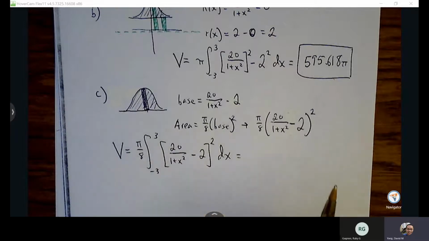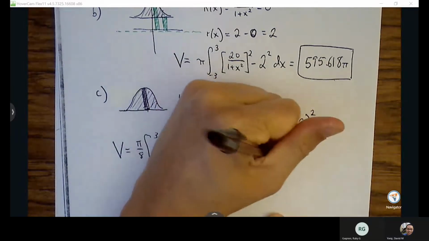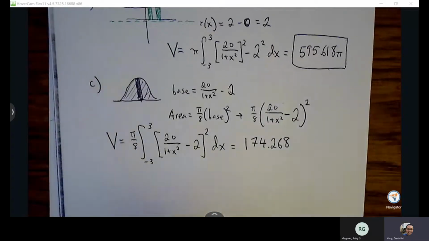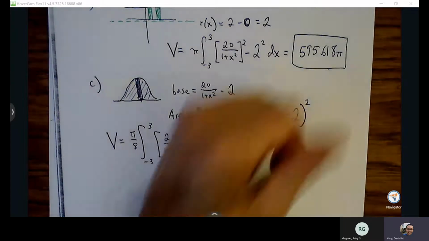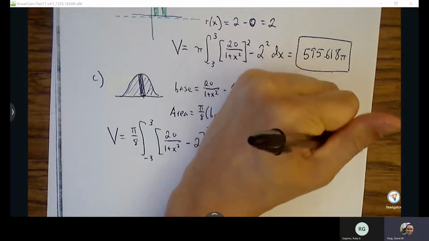If you want to multiply everything through it, that's fine. Or you're going to hold on to the pi, it's 55.471 pi.